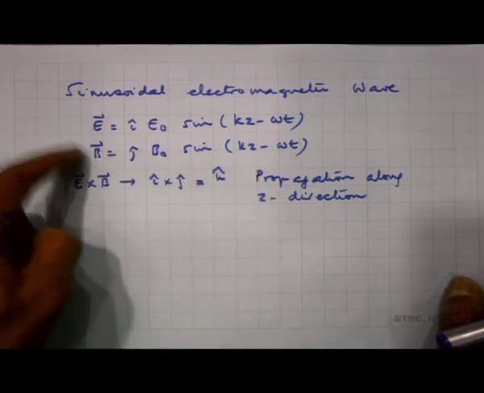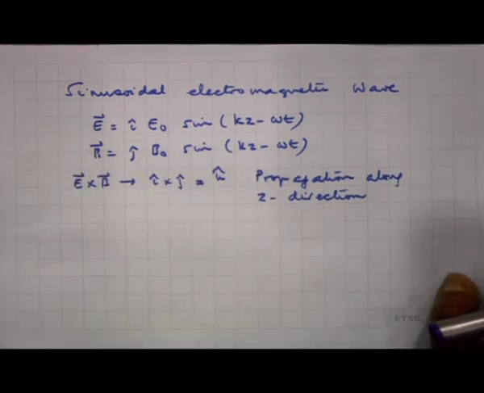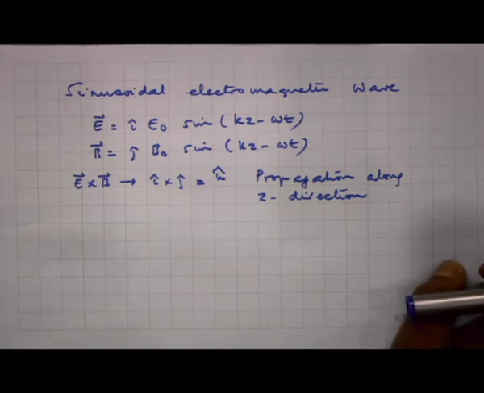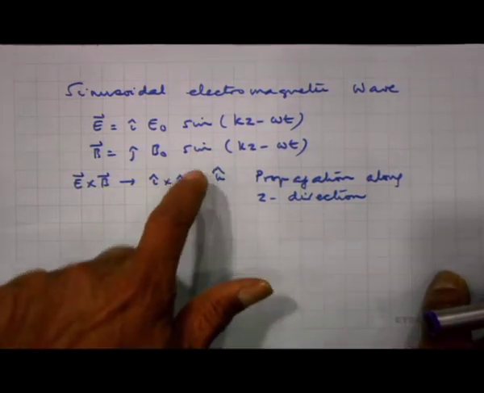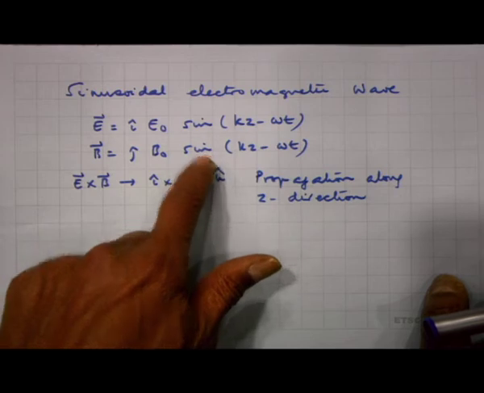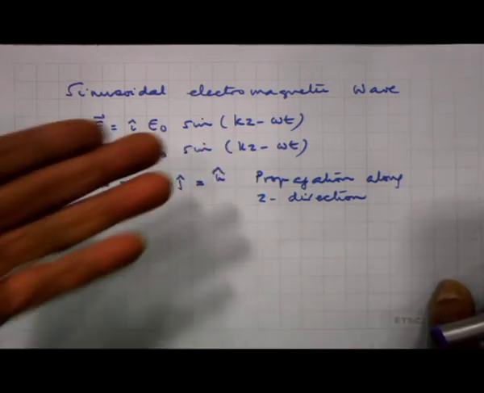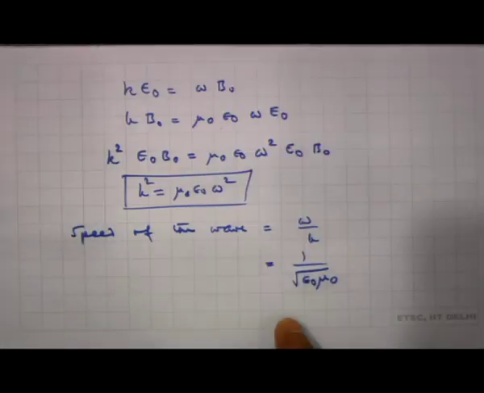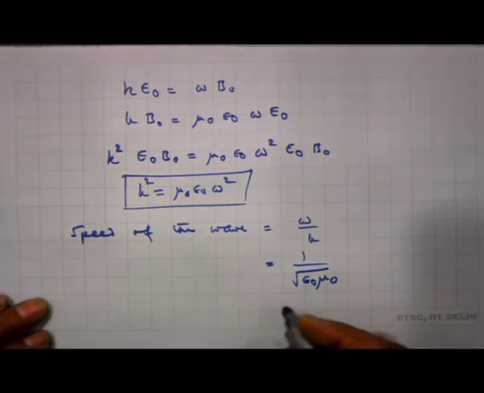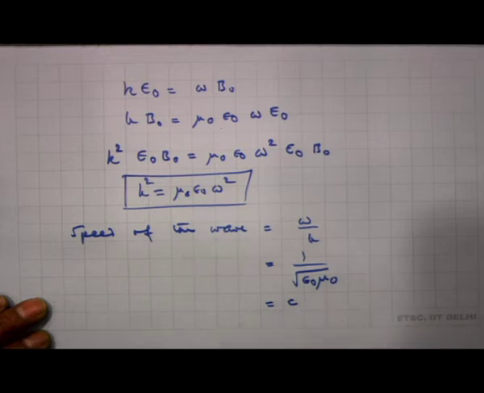These two are the electric and magnetic fields associated with the electromagnetic field, and if these two have to be solutions, have to satisfy the Maxwell's equations, we find that these are waves. Because I have written solutions like this, these are waves and these are the electromagnetic waves, and the speed of the electromagnetic wave in free space is given by 1 by square root of epsilon naught mu naught, which is actually called c, the speed of light in free space, and this is the speed which I wrote earlier.